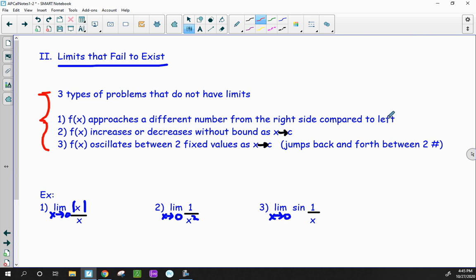So if I notice in a graph or in a table that the right side of my y values and the left side of my y values are approaching different numbers, then that means the problem does not have a limit. Number 2, if f of x is increasing or decreasing without bound.